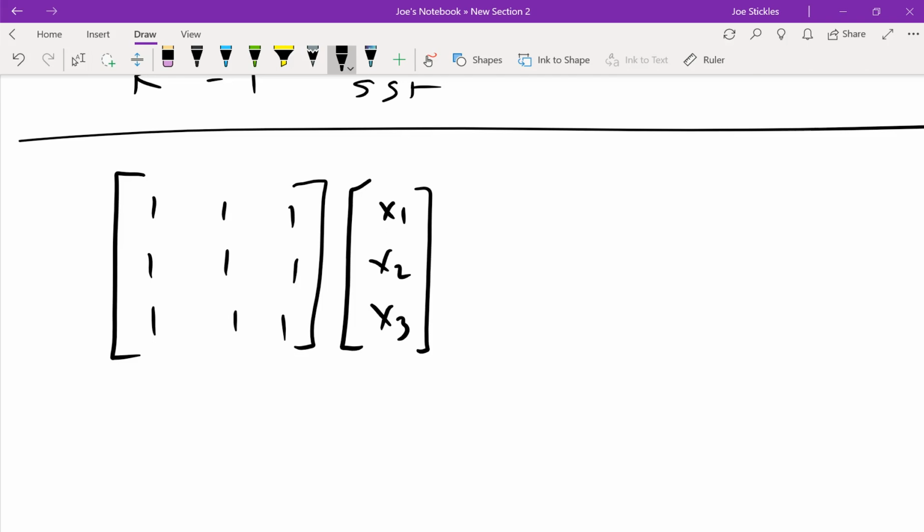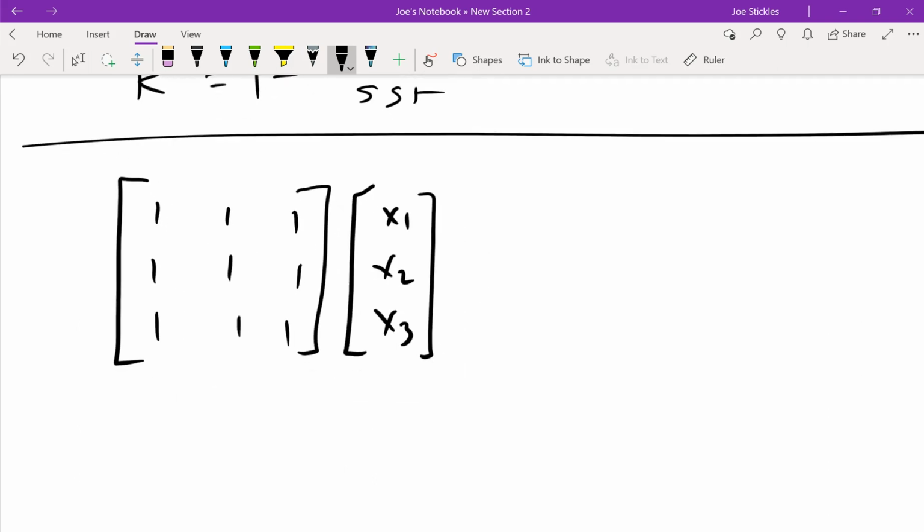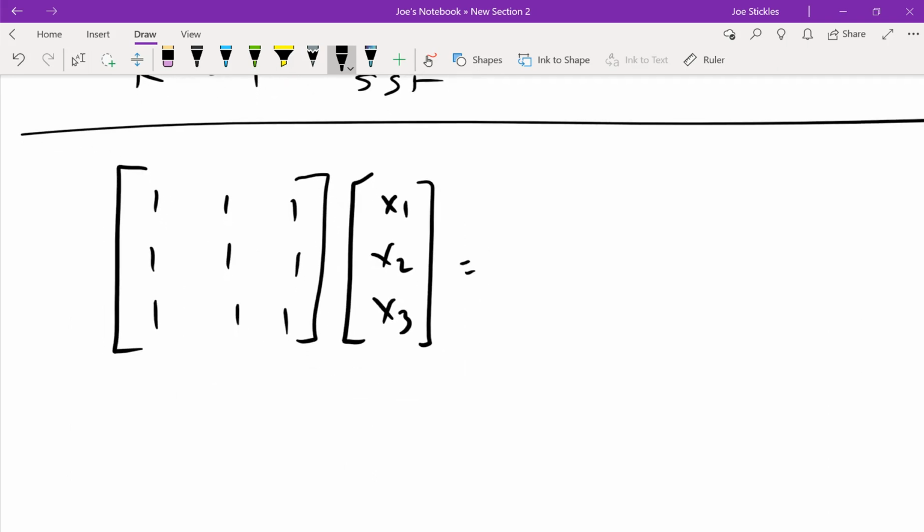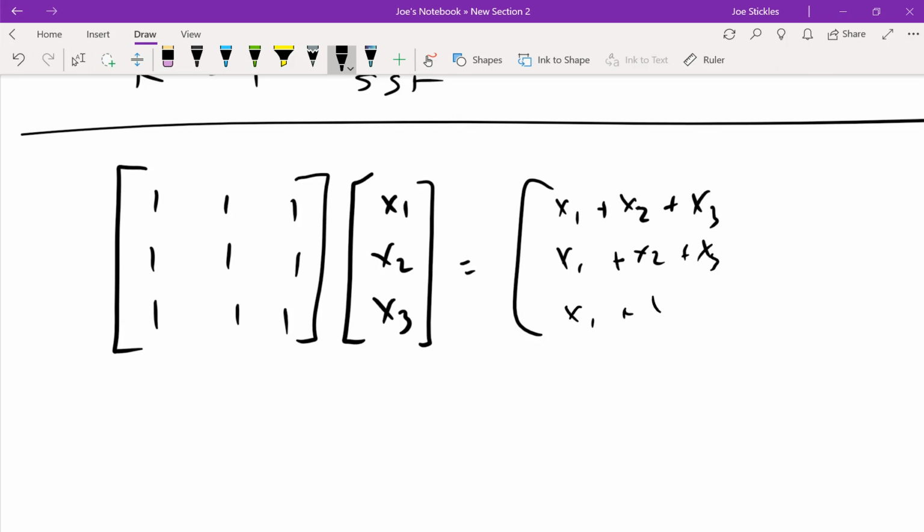What do I get for the answer? Yeah, it's just x1 plus x2 plus x3 in all 3 components, right? We agree?